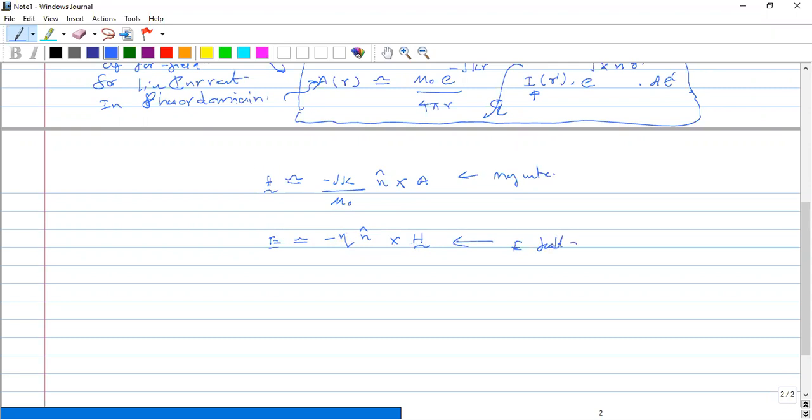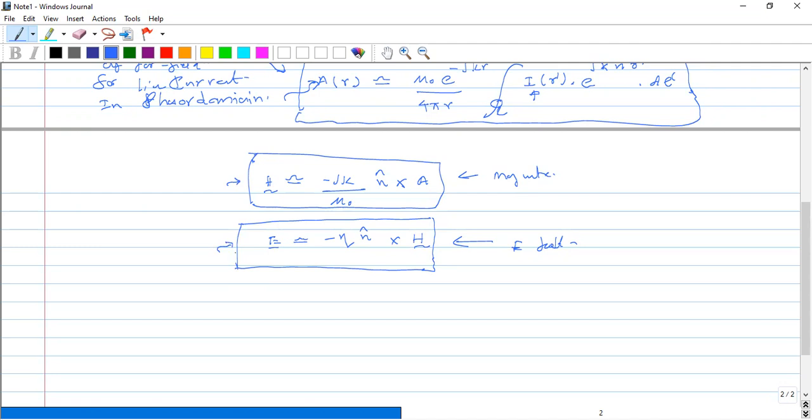This derivation and this derivation we haven't done. But if you need, these derivations are in our reference book also, so if you want to study it, you can refer to the reference book.